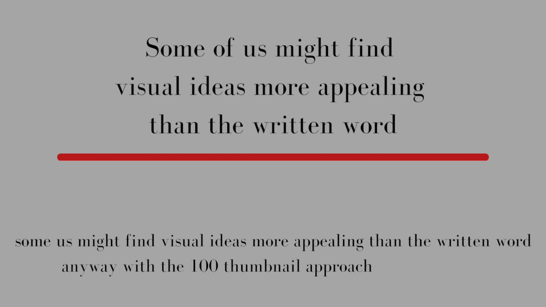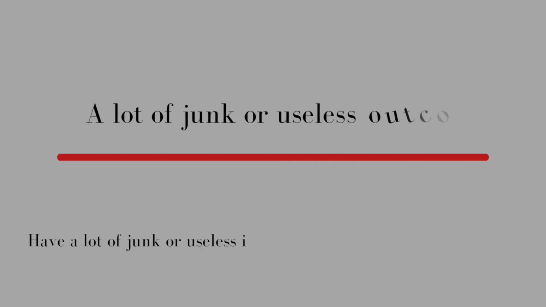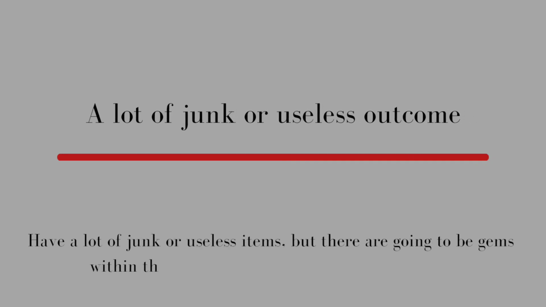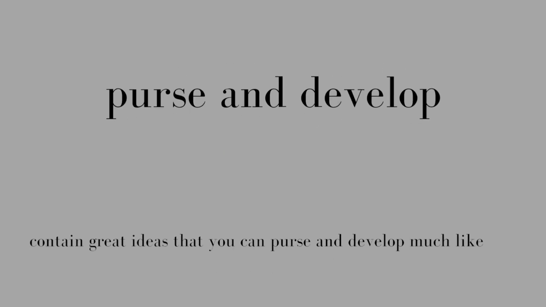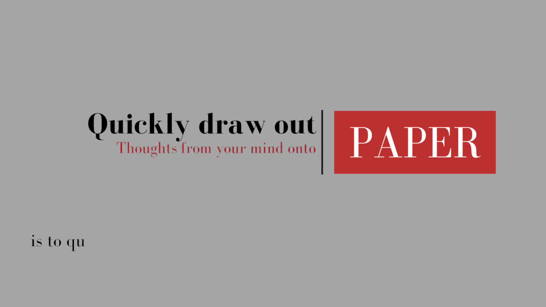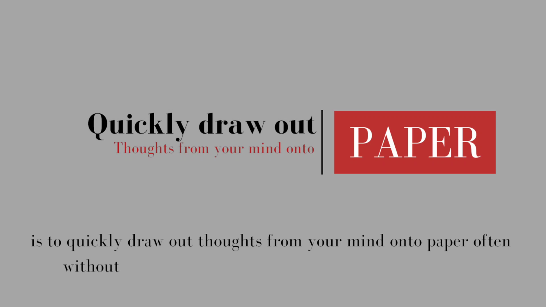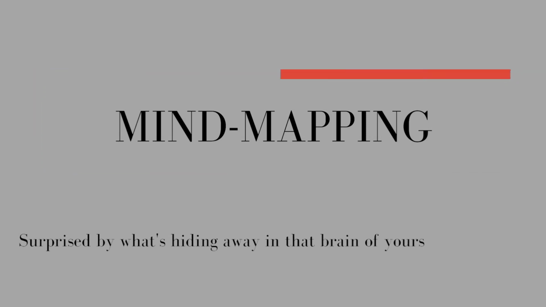With the 100 thumbnail approach, you obviously have a lot of junk or useless items, but there are going to be gems within the rough, and so some of these boxes will contain great ideas that you can pursue and develop. Much like the first example, the idea here is to quickly draw out thoughts from your mind onto paper, often without much conscious thought at all. You really will be surprised by what's hiding away in that brain of yours.